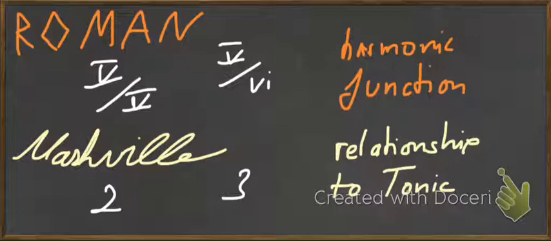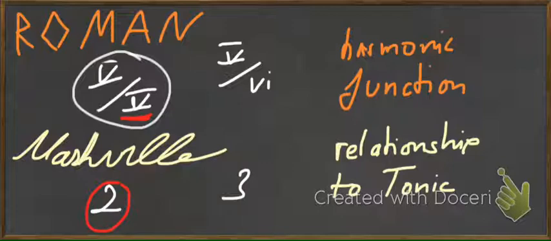Even though it looks like a major 2 chord, it actually functions harmonically in our first case as a secondary dominant, a V of V, and so this V here indicates a temporary tonicization. Nashville numbers couldn't care less about this, and they just call it a 2. And so they just look to the relationship to the tonic. This is a major 2 in relationship to the tonic.